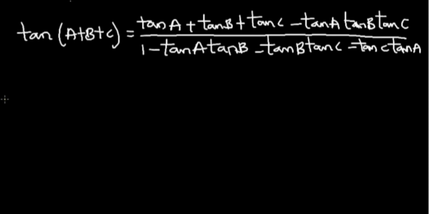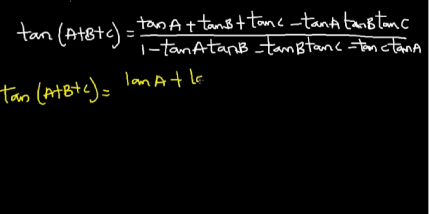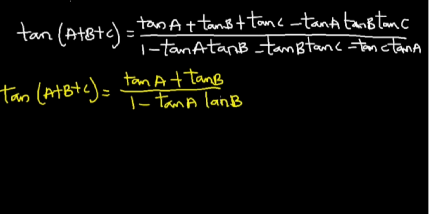So tan(A+B+C) will now be equal to: splitting that A+B, tan A plus tan B over 1 minus tan A tan B. That's just the first tan(A+B).